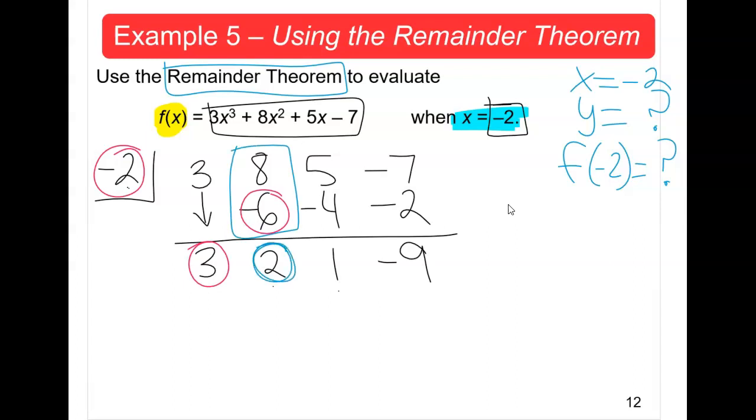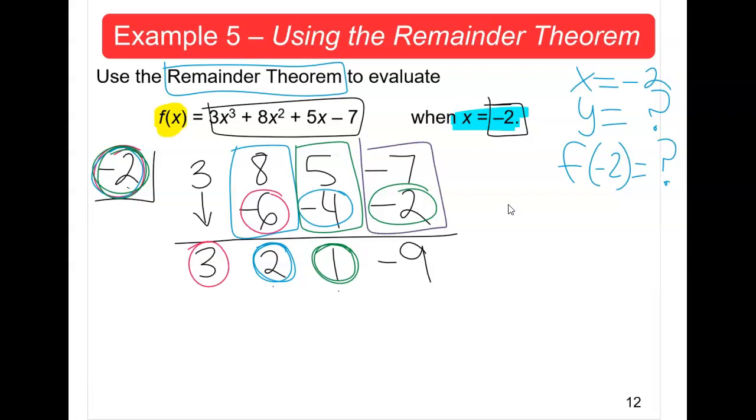Then 2 times -2, and you get a -4. Then you add vertically, and you obtain a 1. Then you multiply 1 times -2, and you obtain a -2. Then you add vertically, -7 plus -2, and you get -9.